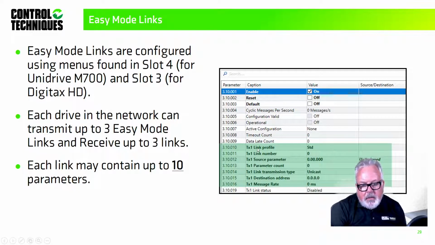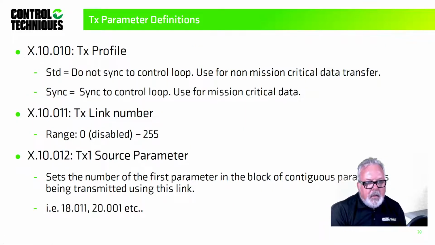So here are the individual parameters in menu 10 that we're going to be configuring for each one of those 3 links. That's showing transmit link 1. So let's go look at what those parameters are now. First thing is the link profile, which is menu 10, parameter 10, for transmit link 1 anyway.